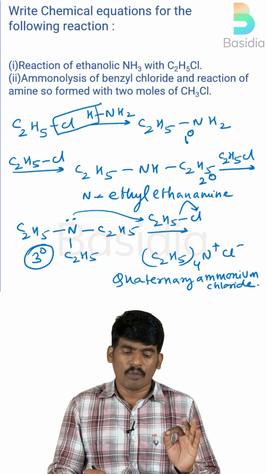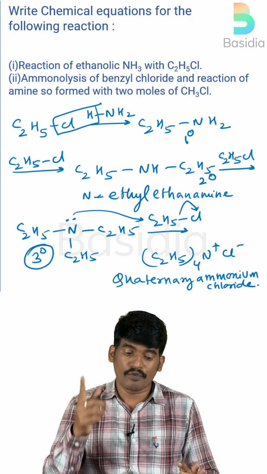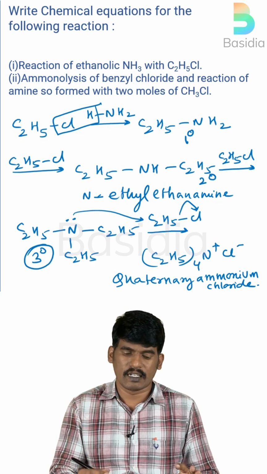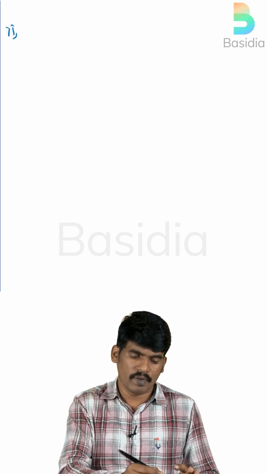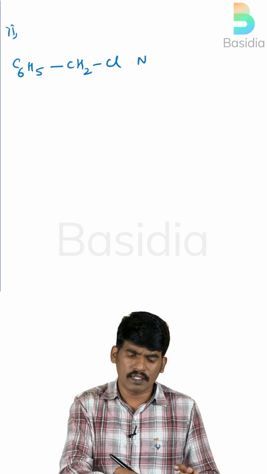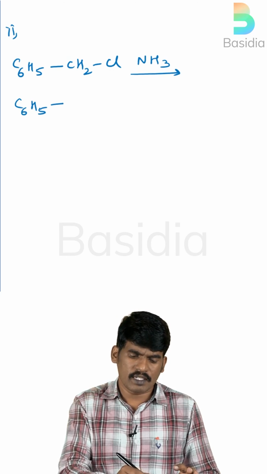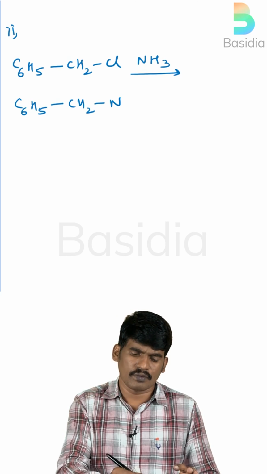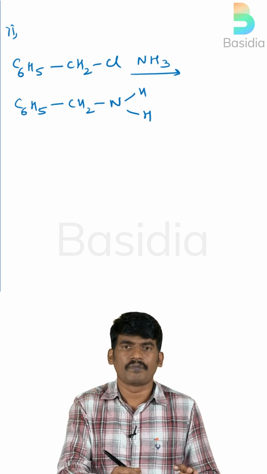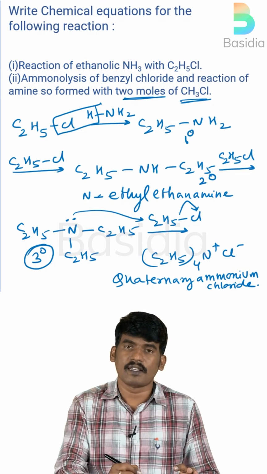Next, ammonolysis of benzyl chloride and reaction of the amine so formed with 2 moles of CH3Cl. Benzyl chloride, what is the formula? C6H5CH2Cl. Ammonolysis, that is with ammonia, gives you C6H5CH2NH2, a primary amine. And they said with 2 moles of CH3Cl.